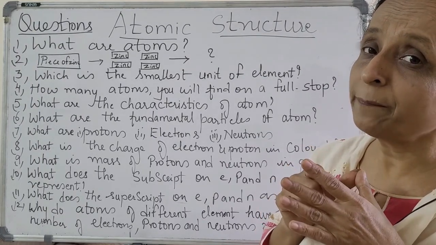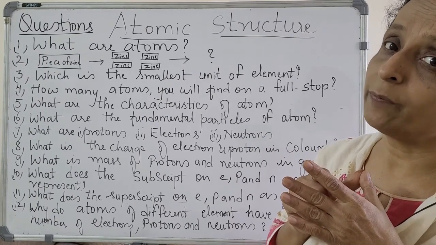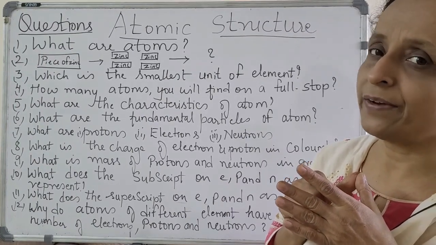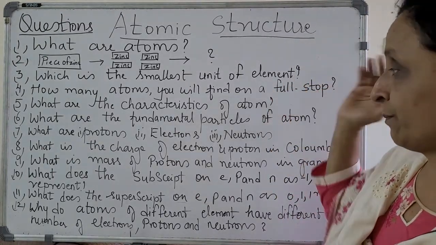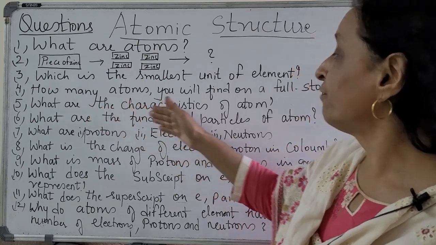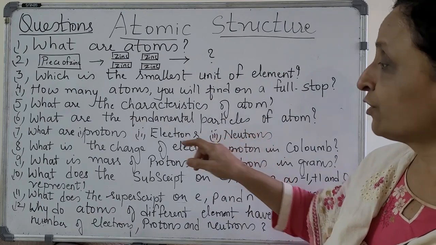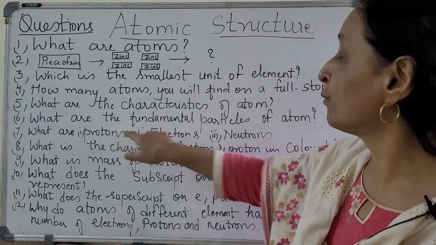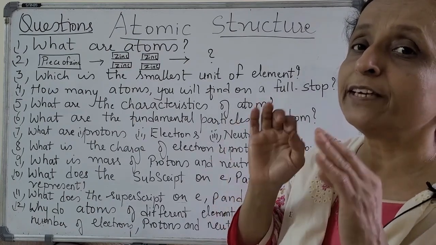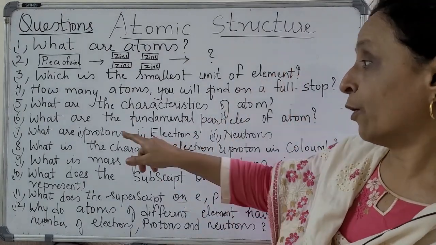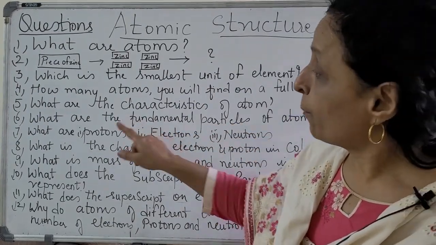It may have independent existence or may not have independent existence, but it will take part in the chemical reaction. So these are the characteristics of the atom. What are the fundamental particles of atom?